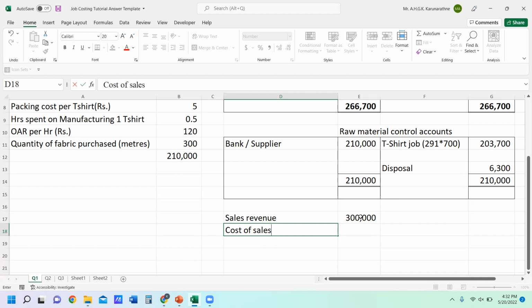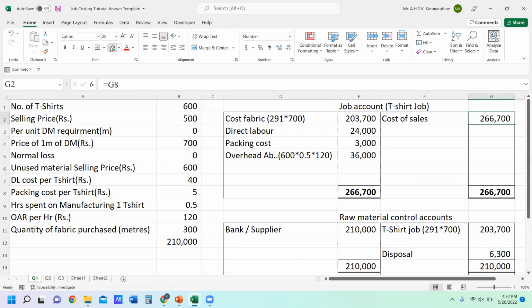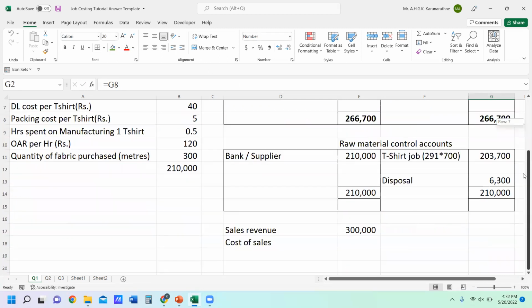Then cost of sale, job account credit. The job account is credited, and the cost of sale is debited to our job P&L or the entity's P&L. The job cost of sale accumulates in the entity's main cost of sale account.